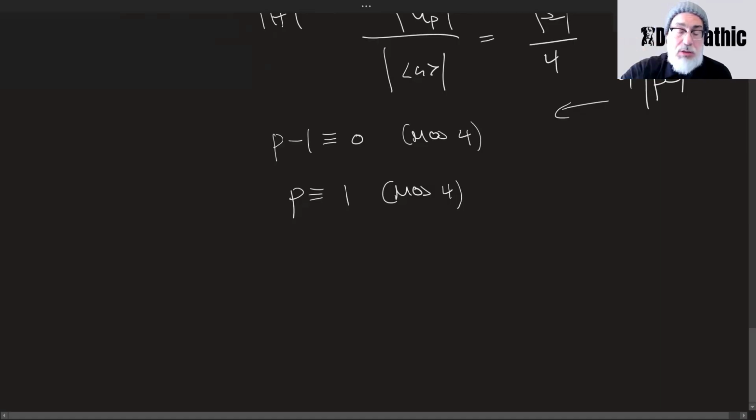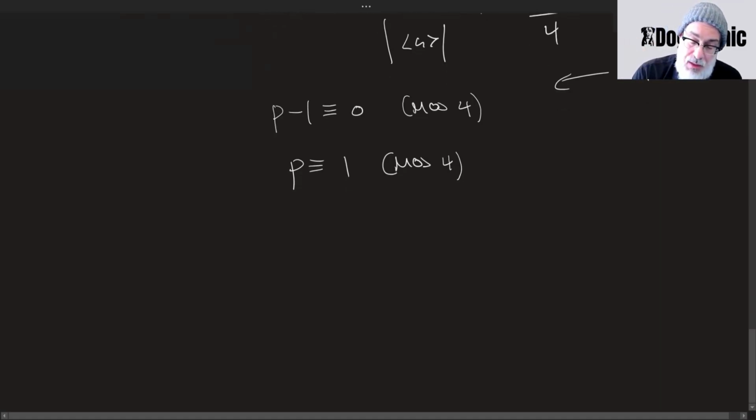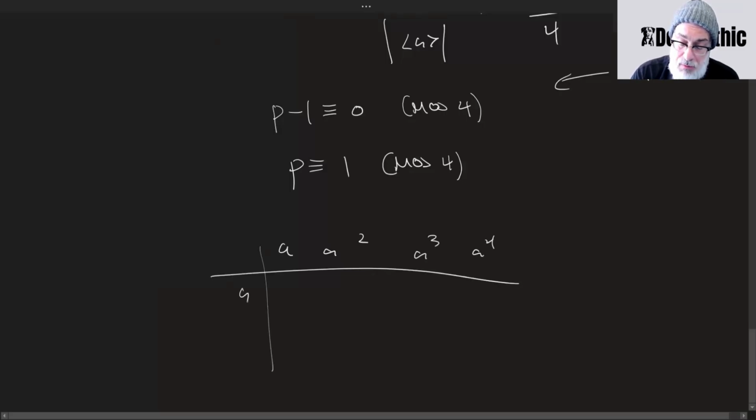I think this works. I know that I have these 4 elements, and I know what they generate: a squared, a to the 3rd, a to the 4th, a to the 5th. Yeah, so this is a group.